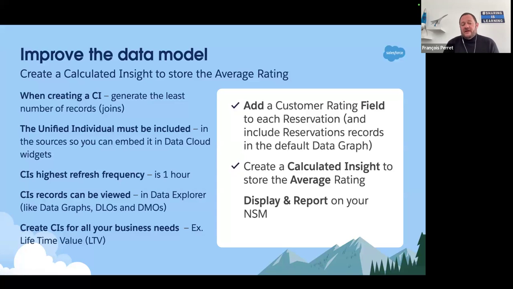And you can create calculated insights for a whole lot of information, for all the business needs, for instance, for your lifetime value. If you really want to have access to an important metric, you create it at the unified individual level using the builder that we've seen, and it will be usable wherever you want.